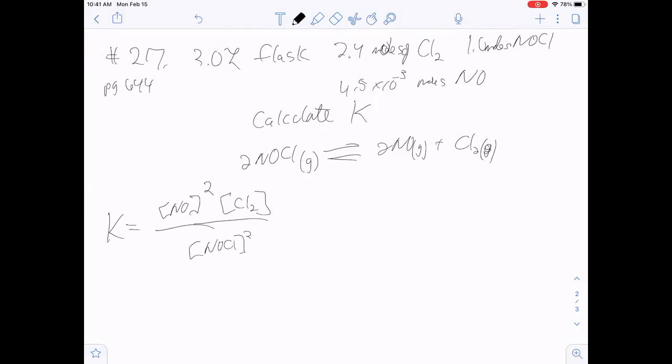So now I have to plug in their concentrations. Well, they tell me the moles per liter. So I'm going to have to calculate the concentration for each of these. So my chlorine would be 2.4 moles over 3 liters. There would be 2 sig figs on that. The NaCl, 1 mole per 3 liters.